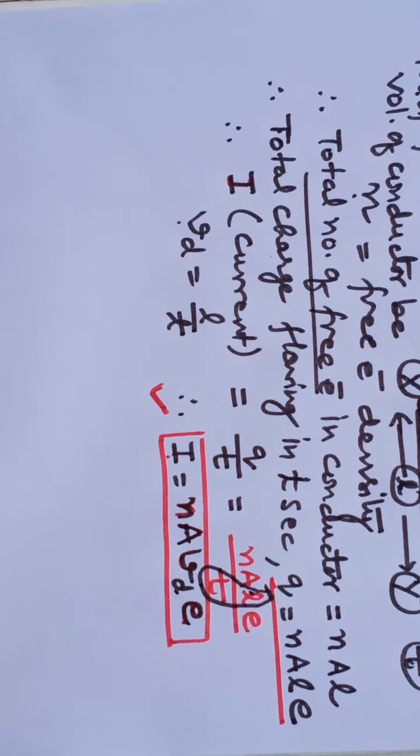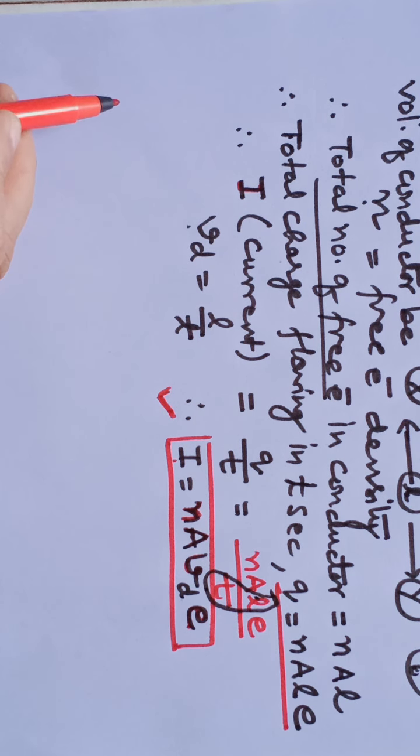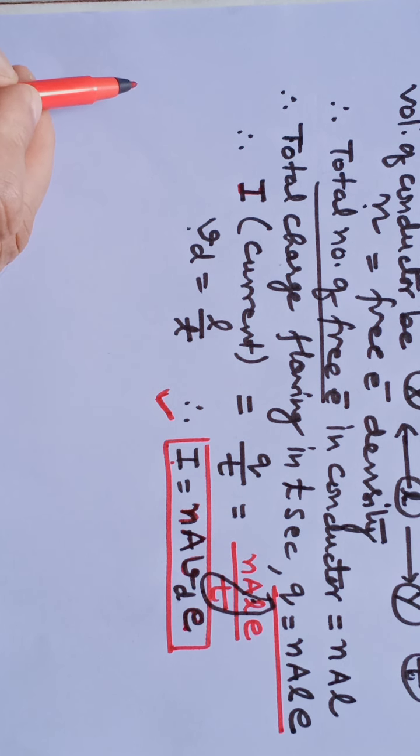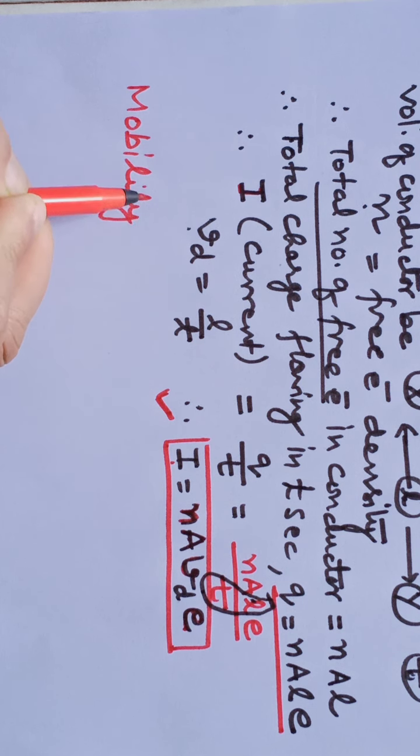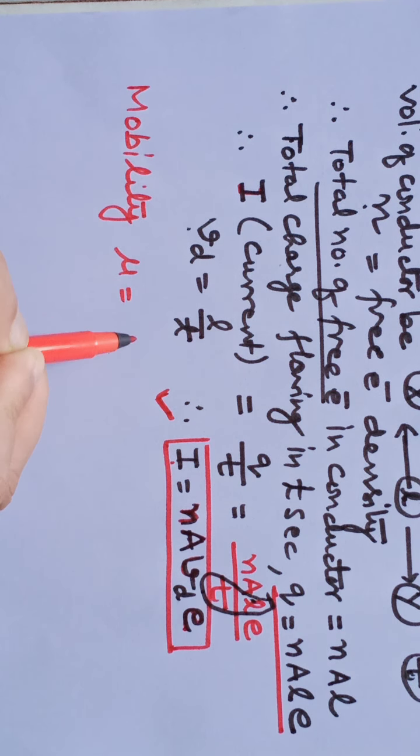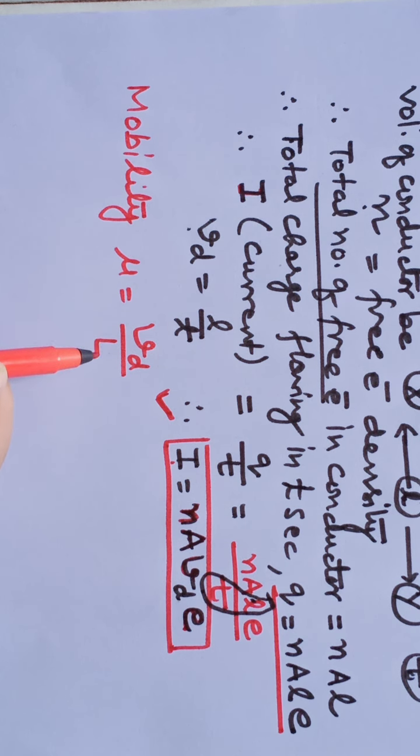Now here, let us understand one more term, that is mobility. And this mobility is defined as drift velocity per unit field.